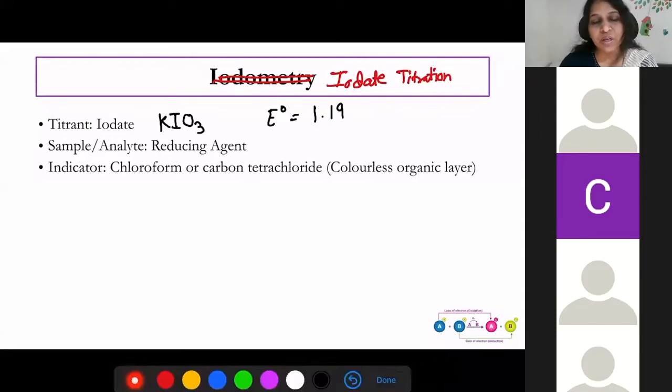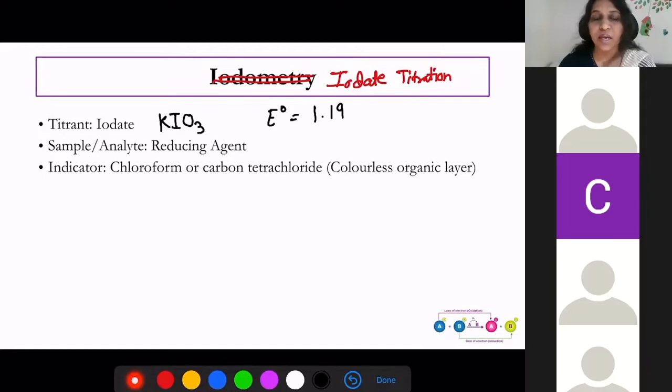As I mentioned, it only behaves as a strong oxidizing agent in presence of an acid, and the acidic environment required is very strongly acidic. It is not like other oxidizing agents. It cannot be utilized in a mildly acidic condition. It needs a very strongly acidic condition.